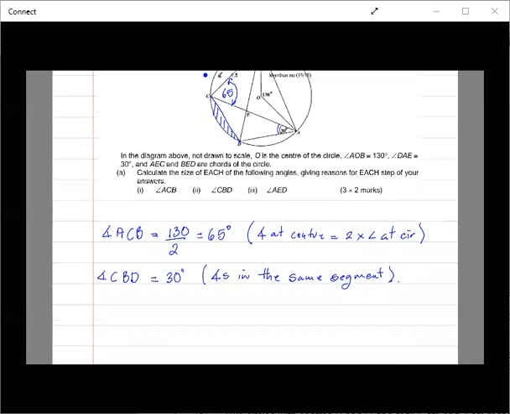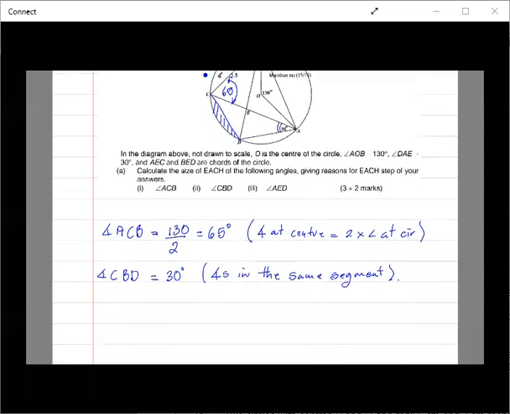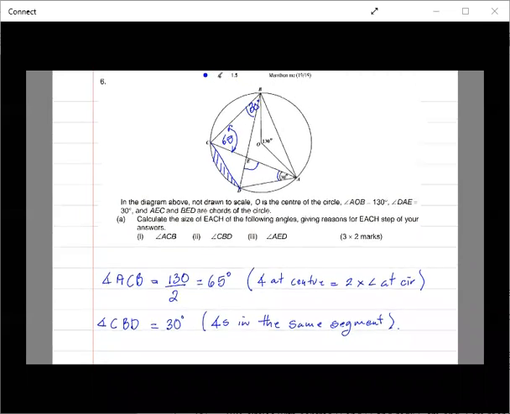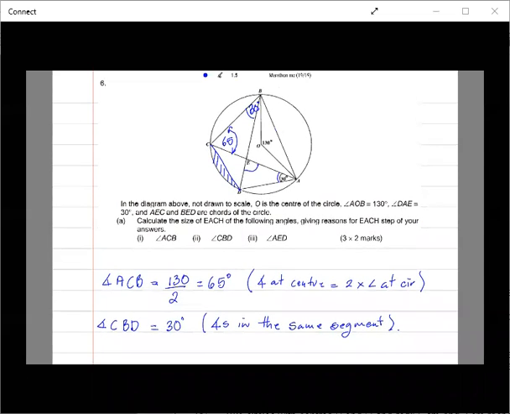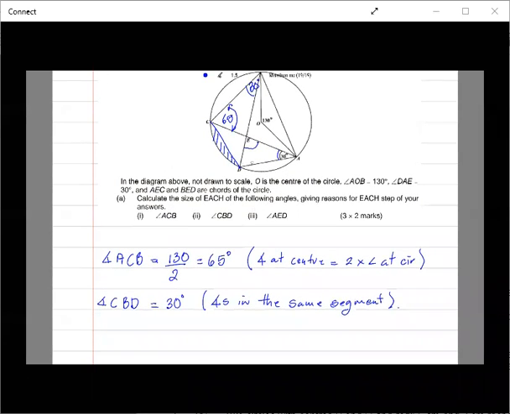Now, the last thing is angle AED. That's this angle here. To tell the truth, I cannot see any way in which you could find it directly. There's no circle theorem that allows you to find that angle directly. But here's what we can do. If this angle here is 65, this angle here is also 65.